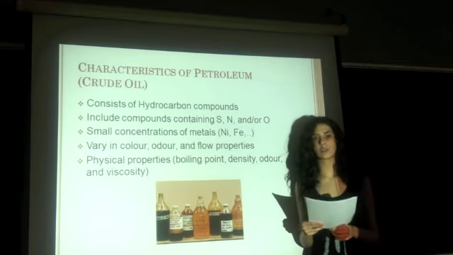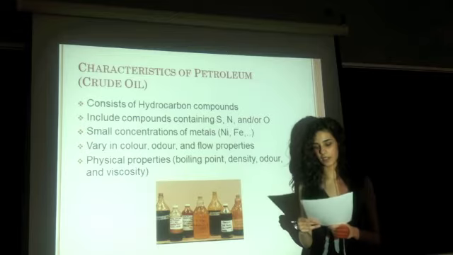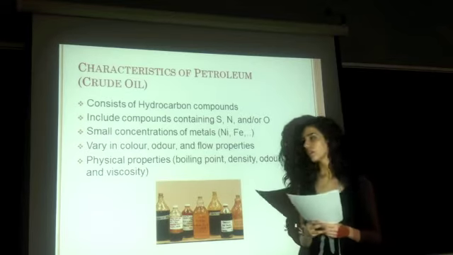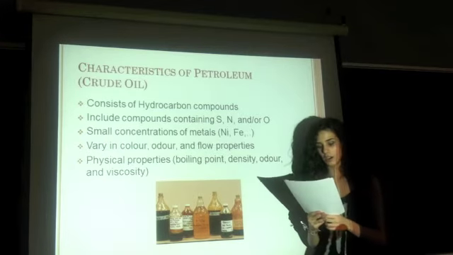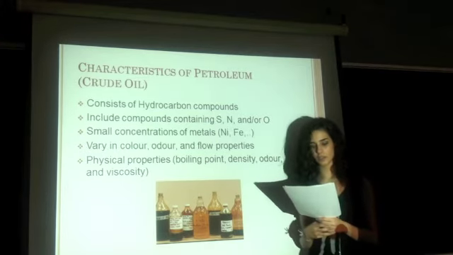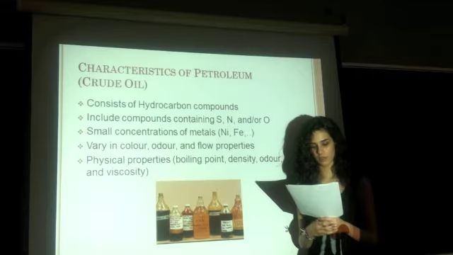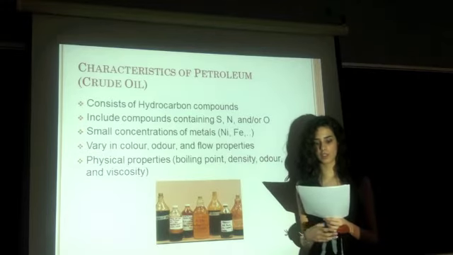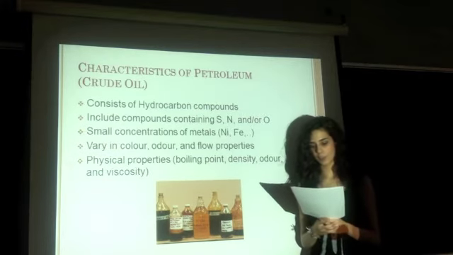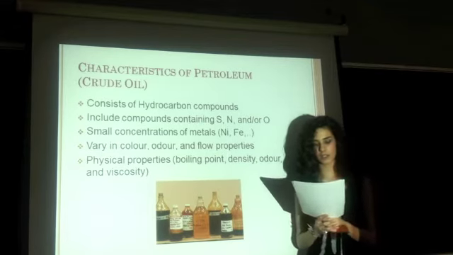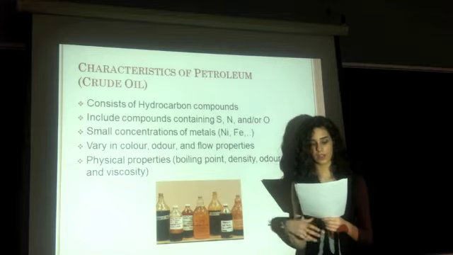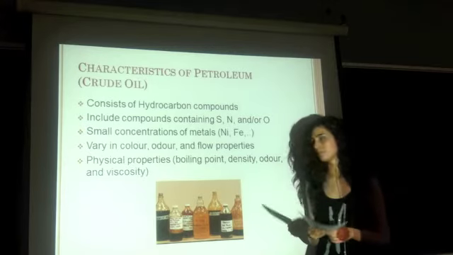There are also some small concentrations of metals such as nickel and iron. Crude oils vary in color, odor, and flow properties. Usually, these properties are used to see where the crude originated from. Some physical properties of crude oil, such as boiling point, density, odor, and viscosity, are used to classify oils.